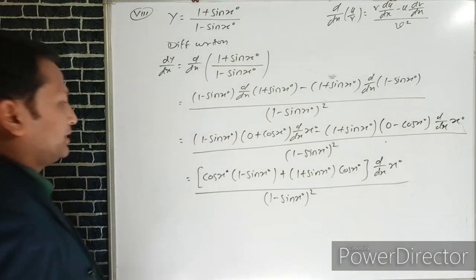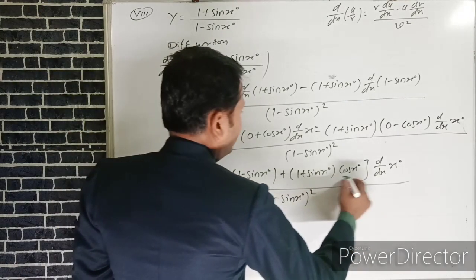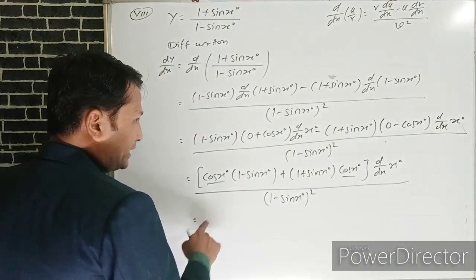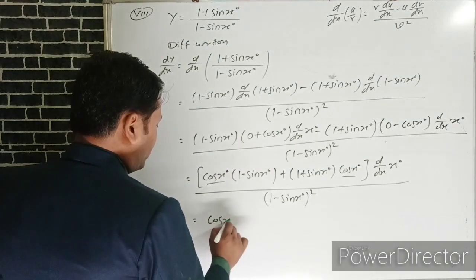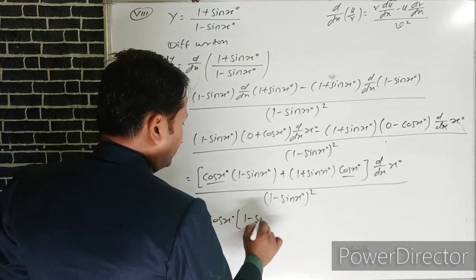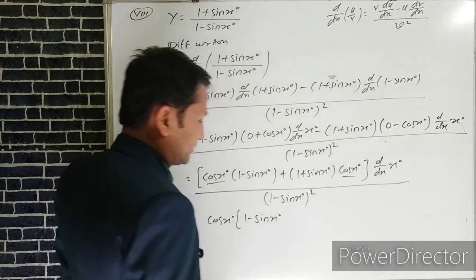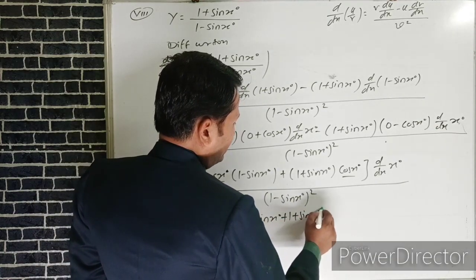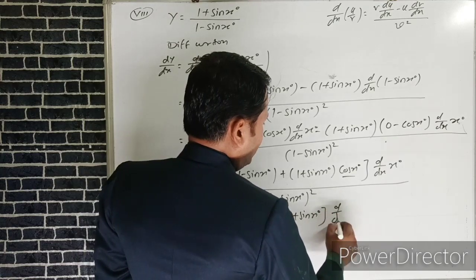Again here we take cos of x degree common from both terms. We can write cos of x degree into (1 minus sin x degree) plus (1 plus sin x degree) into the derivative of x degree.